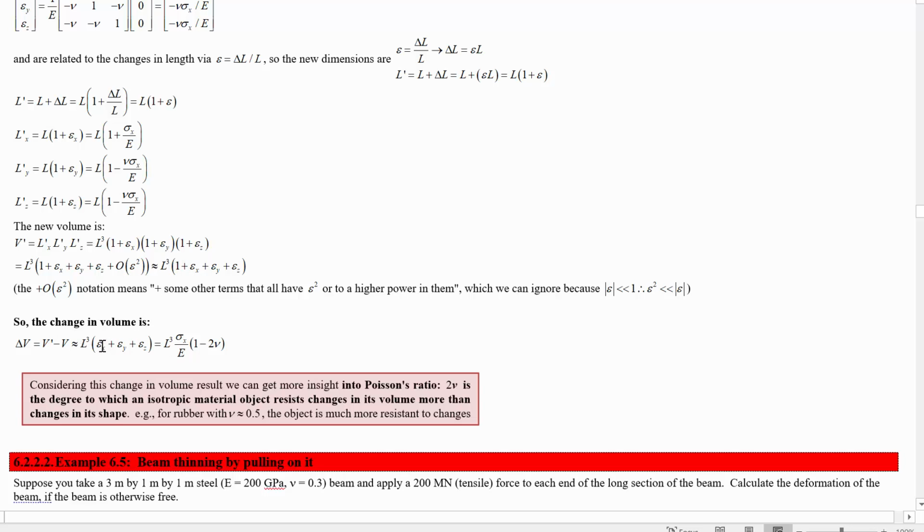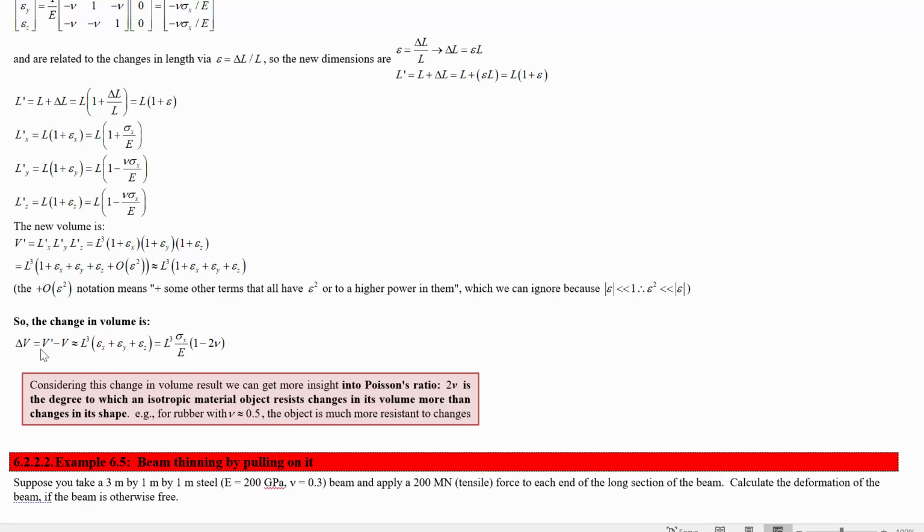So we have L cubed times this. Right. So the fractional change in volume would be just the sum of the 3 different strains. And this is going to work unless the strains get to be very large. Like for something like a water balloon, you might have strains that are 50%, and then this dropping of the order of epsilon squared term is no longer so valid.